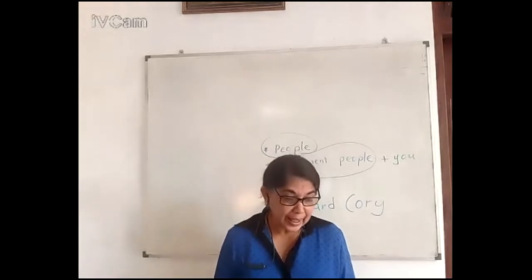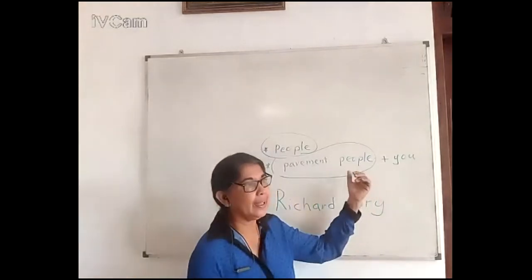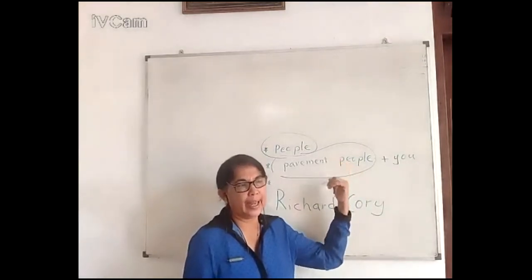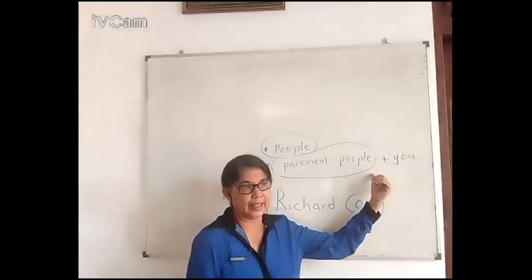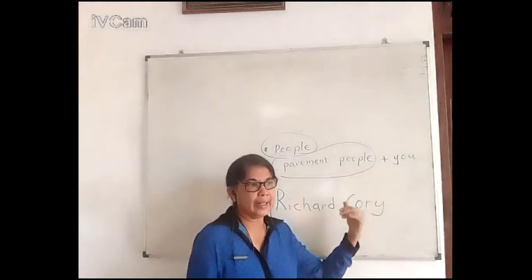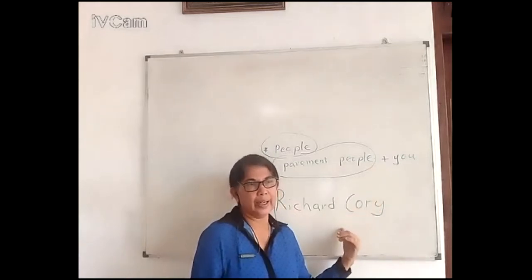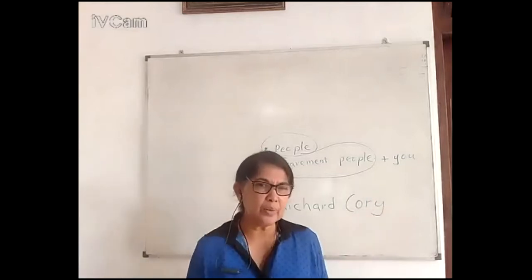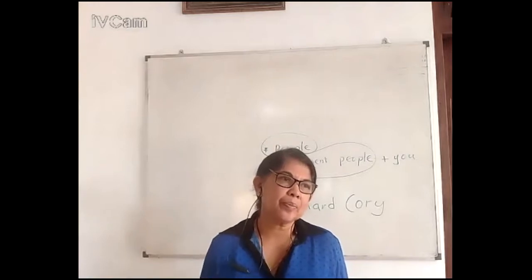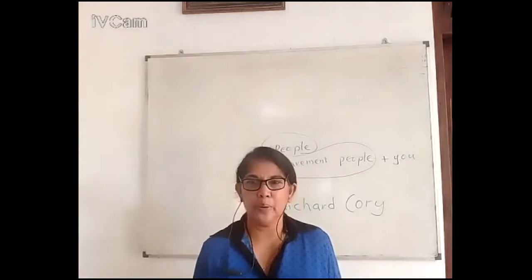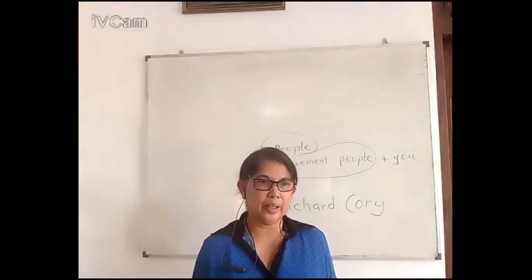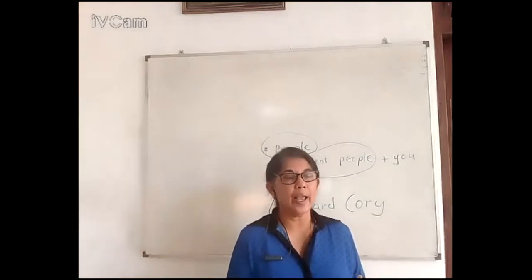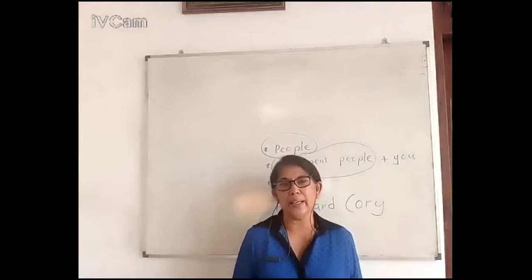So it indicates what? Had the pavement people seen that Richard Cory might take such a decision one day? No, they never thought so, because they thought he was the happiest person in the world.